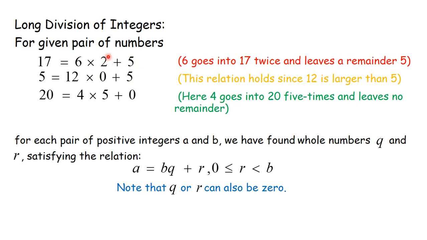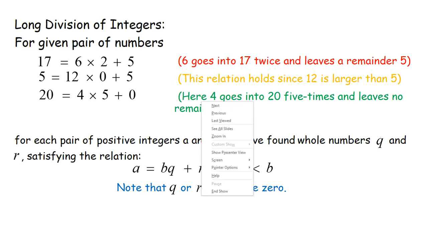If you observe, the value of the remainder is either 0 or greater than 0, but it is always less than b. Now what is b? B is the divisor, so these are the divisors: 6, 12 and 4. So we can observe that the remainder r can also be 0.